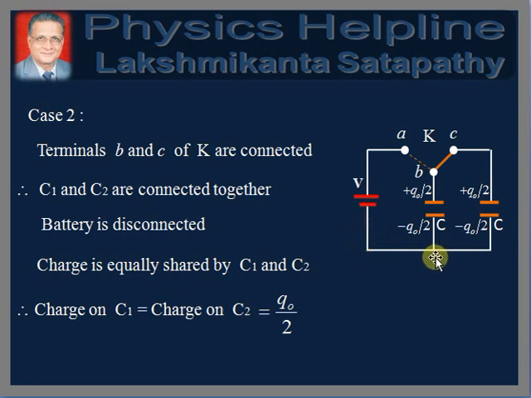Since the capacitances of C1 and C2 are equal, the charge will be equally shared by C1 and C2. Initially the charge was Q0, therefore each of them will have charge equal to Q0 by 2. So the charge on capacitor C1 is equal to the charge on C2, which will be equal to Q0 divided by 2.